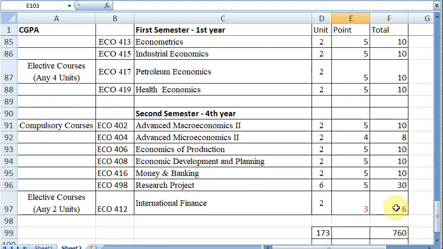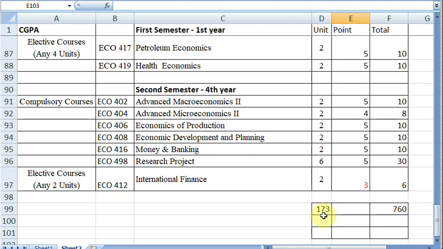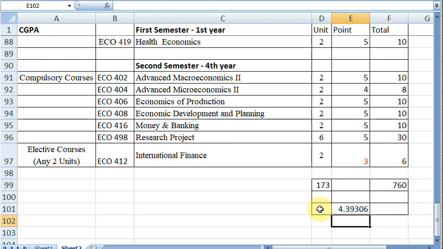The total CGPA point is 760, and the units he offered are 173. So how do we calculate the CGPA? It is cumulative; it accumulates over time. The total points divided by the total units gives us 4.39.